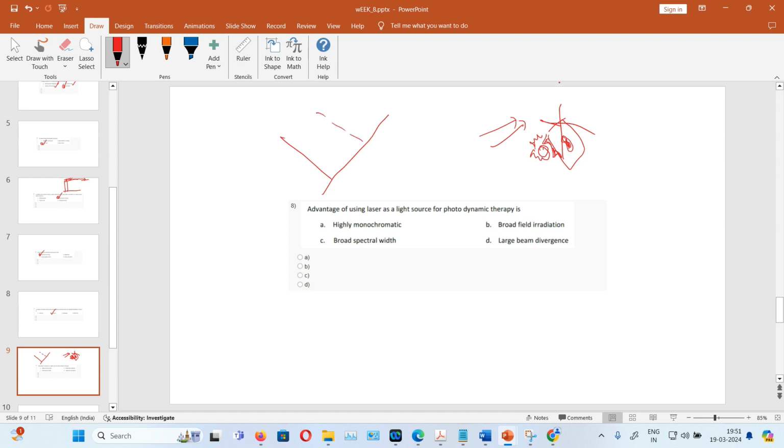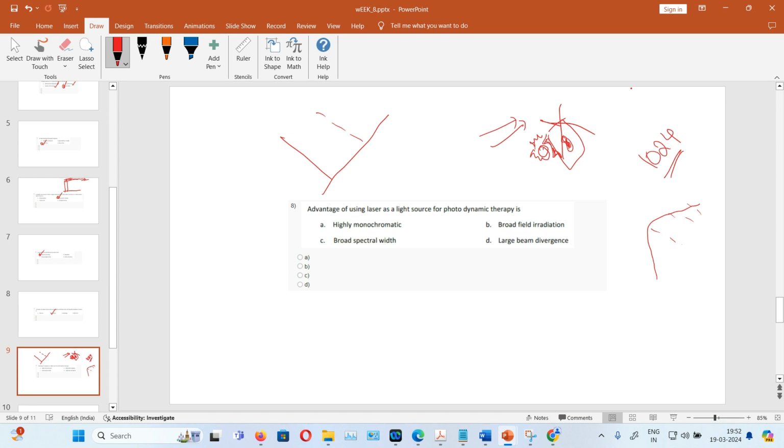This photosensitizer will have a spectral band at which it absorbs the light maximally and gets activated. So, for example, if that absorption range is something like 1024, we don't have to excite the molecule with a broad range of wavelengths, because the other wavelengths do not have any effect on that molecule.